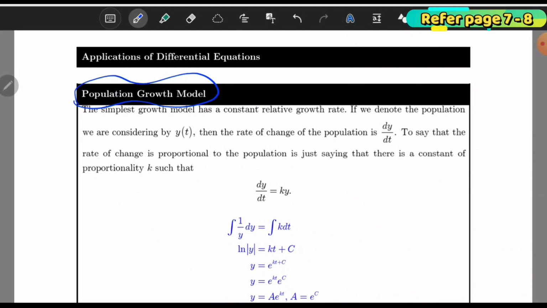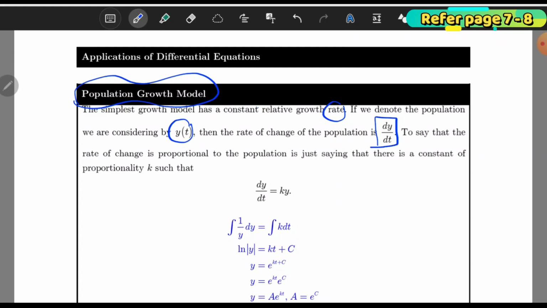So the first application is population growth model. The simplest growth model has a constant relative growth rate. The word rate here means it is related to time. If we denote the population by y of t, then the rate of change of the population is dy/dt.